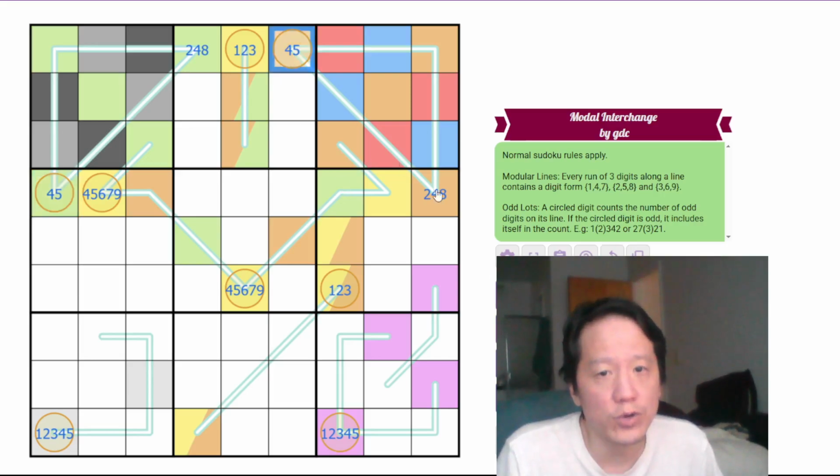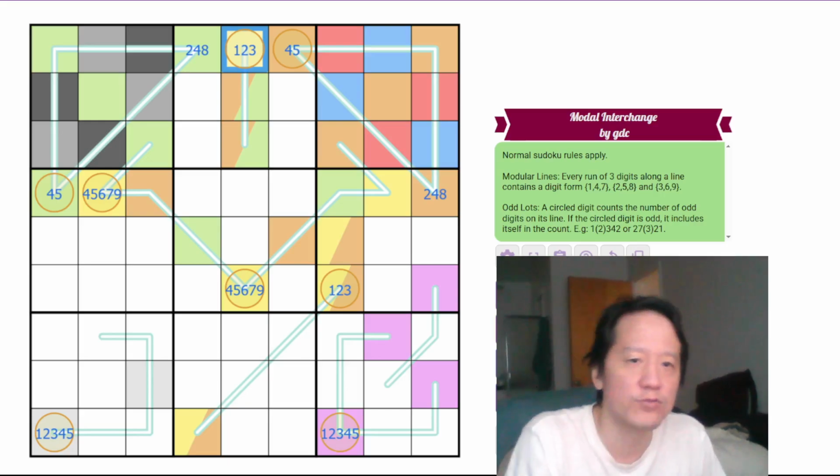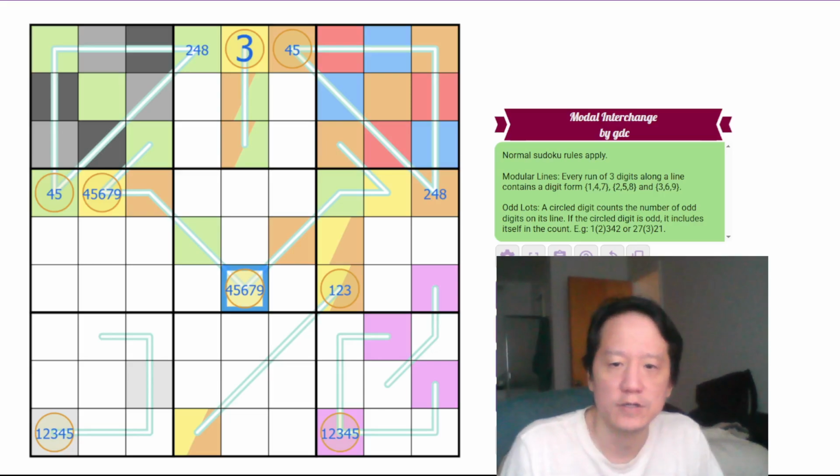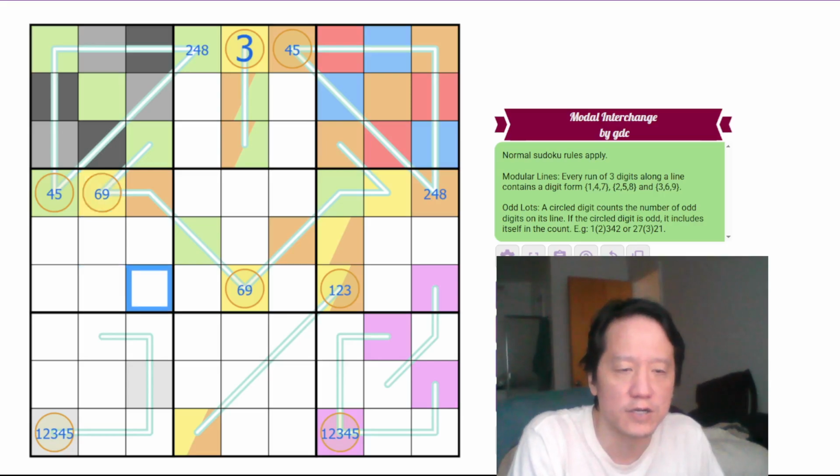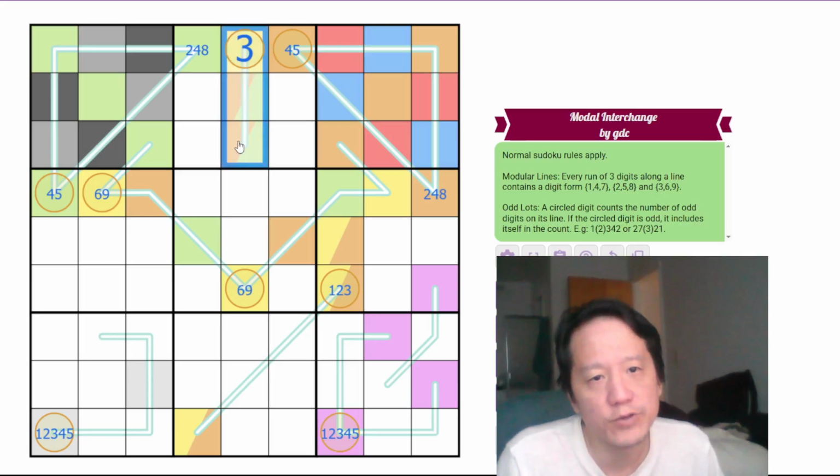So we know orange has to be 1 modulo 3 or 2 modulo 3, and then green has to be 1 modulo 3 and 2 modulo 3. Therefore, the yellow must be 0 modulo 3. So that makes this 3. This is 6 or 9, which means this is 3 odd digits here.